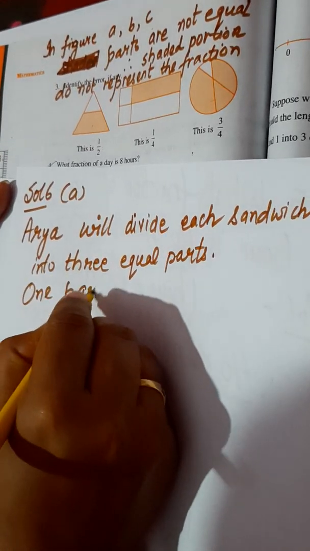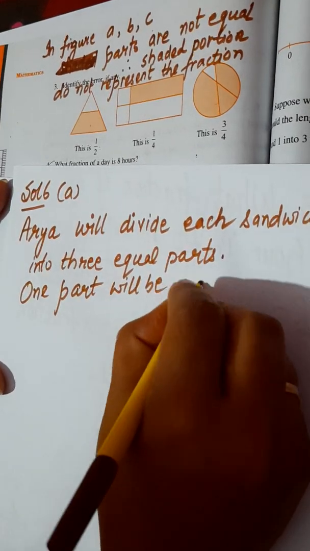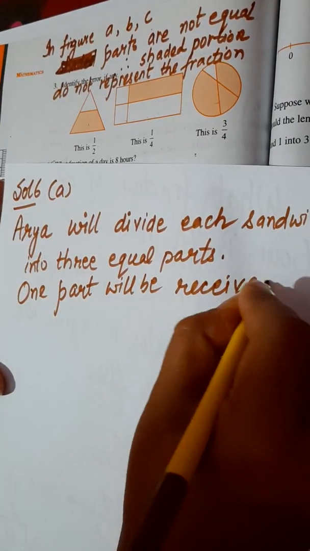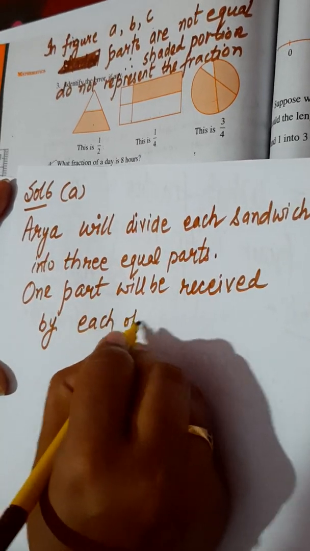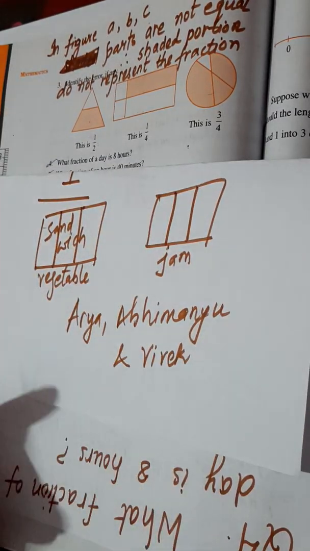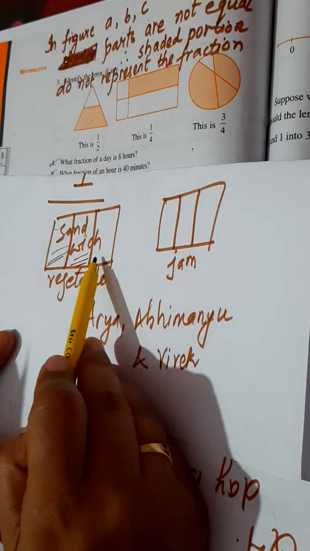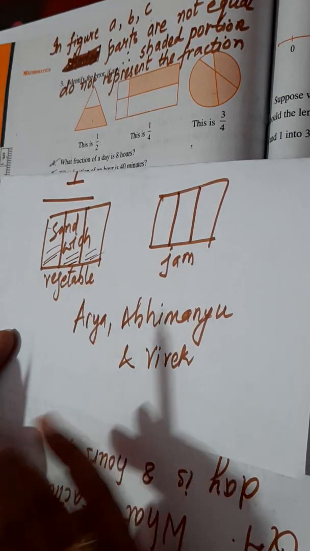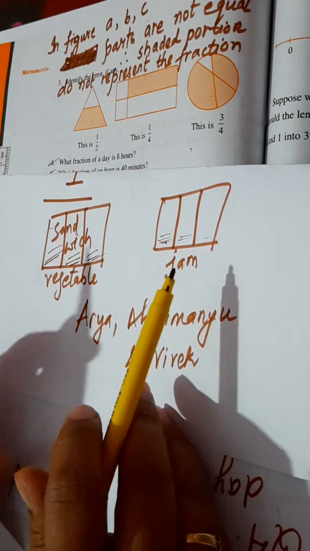One part will be received by each of them. As we know, one part will take Arya, this part will take Abhimanyu, and this part will take Vivek. Similarly, this part will take Arya, Abhimanyu and Vivek.